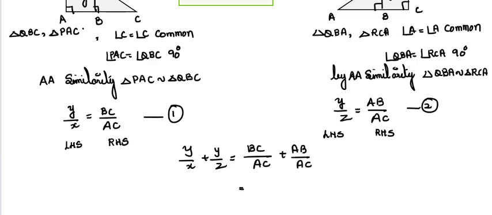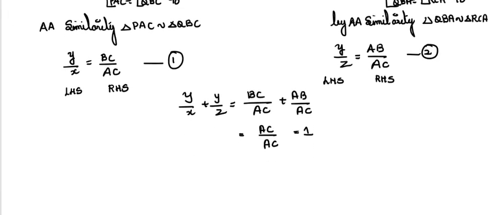The denominator is the same, and BC plus AB is nothing but AC, so AC by AC is equal to 1. If everyone does not write in this order, you will not get the denominator AC. That is why you must write smaller to bigger. Now divide every term by y, you will get the answer.